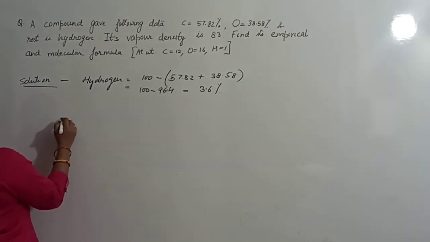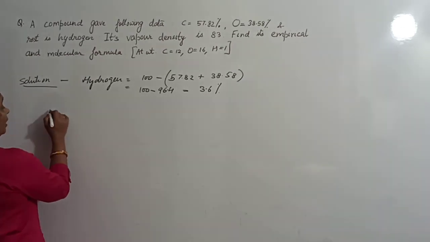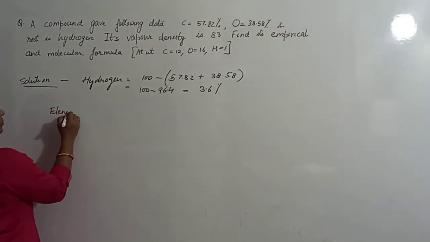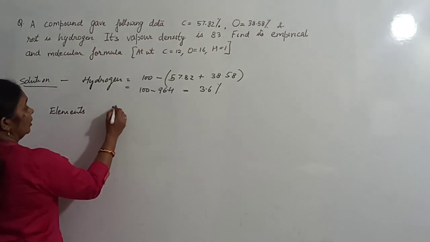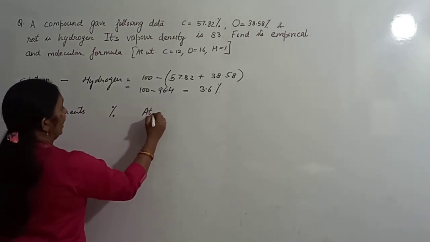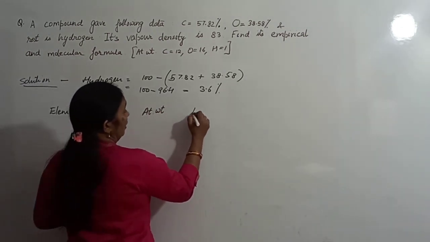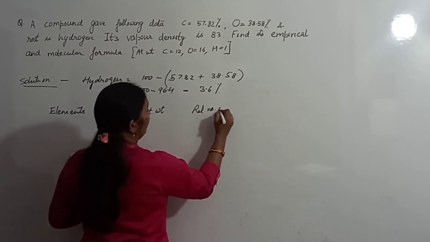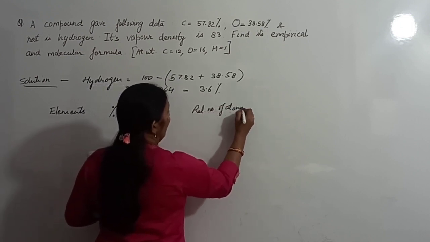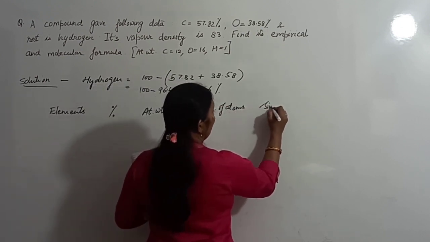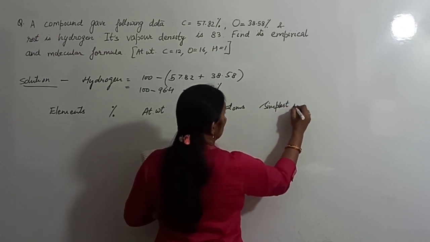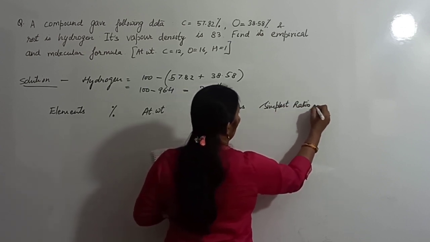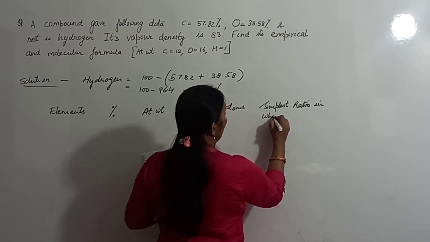So the table to calculate the empirical formula has columns: elements, percentage, atomic weight, relative number of atoms, and then simplest ratio in whole numbers.